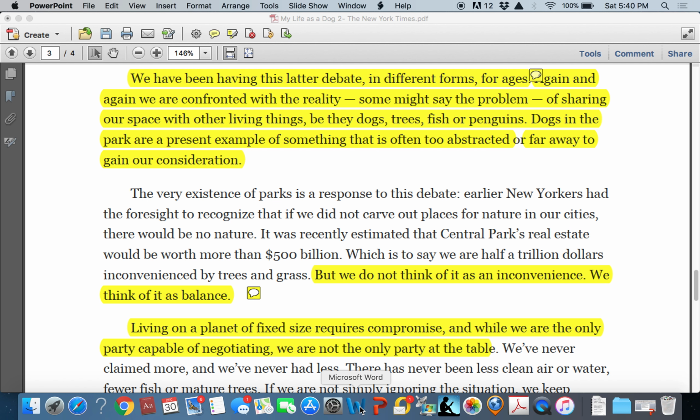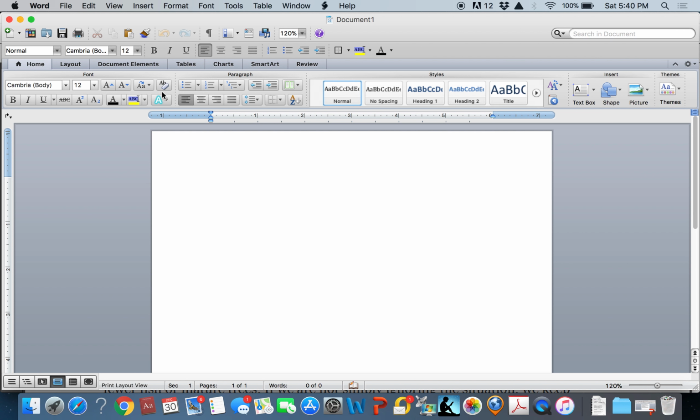I think that when you identify the thesis, you have to do two things. The first thing you have to do is identify it in the text, and then you have to restate it in your own words.